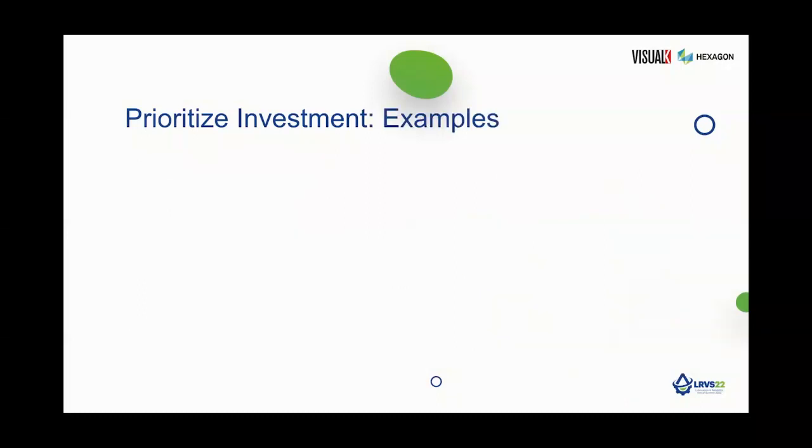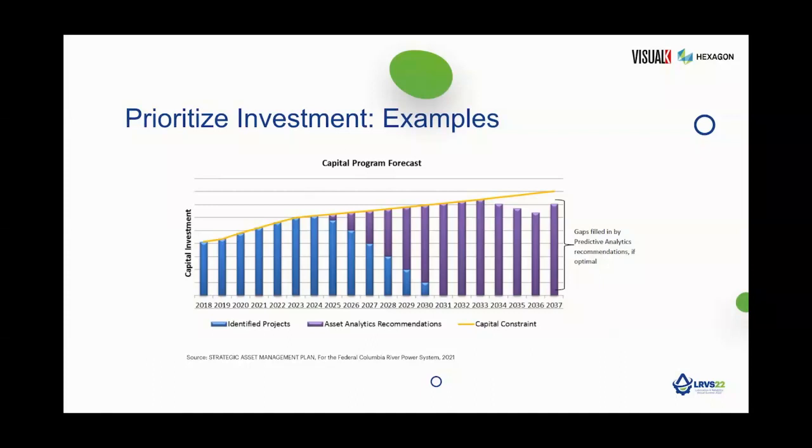Now, one example, and this is taken from the Strategic Asset Management Plan for the Federal Columbia River Power System. This is something that to us was kind of mind blowing, right? And this is the way they look at their capital investment planning. Basically, those blue bars at the beginning of the chart talk to the projects that they have identified and the projects that they have prioritized through this process.